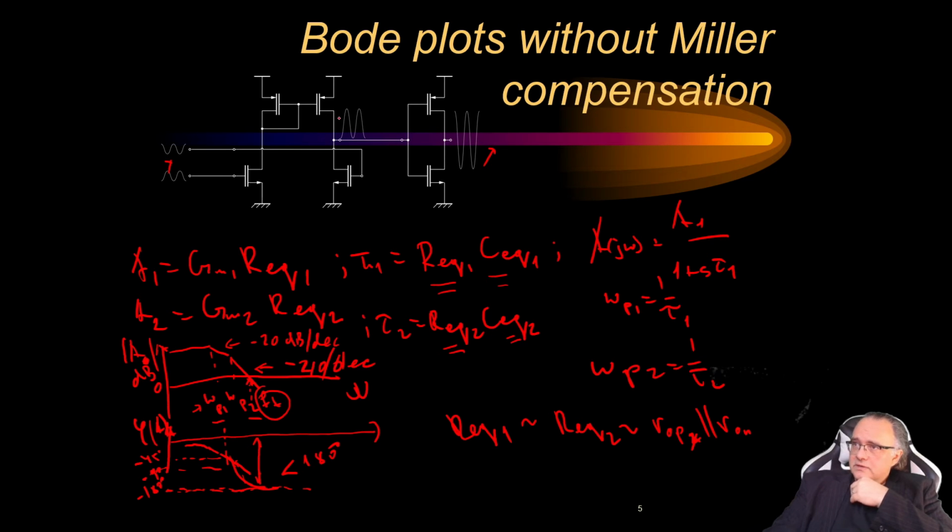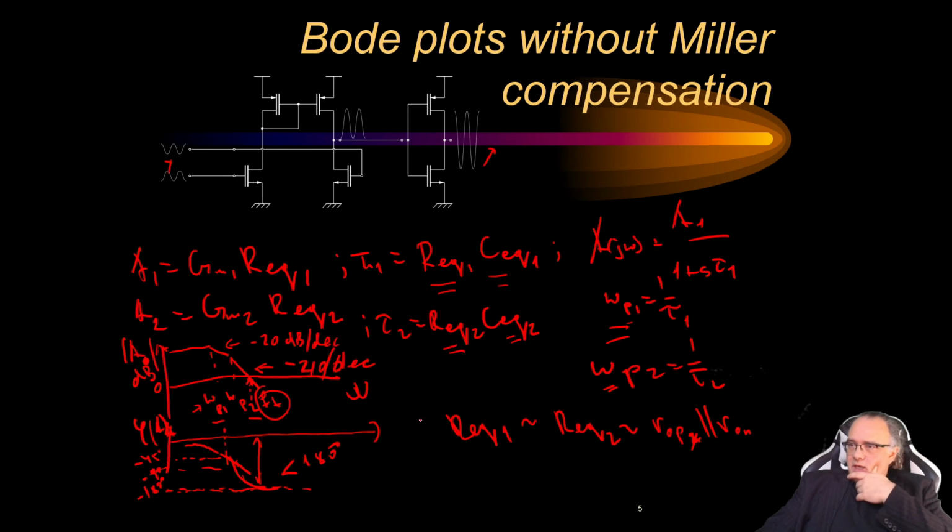And for C equivalent, we use the same transistors that have similar parasitic capacitances. So there is no real reason why in this architecture one pole should be much different from the other.